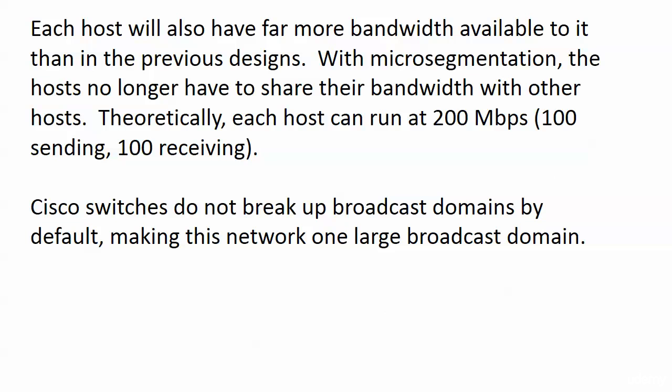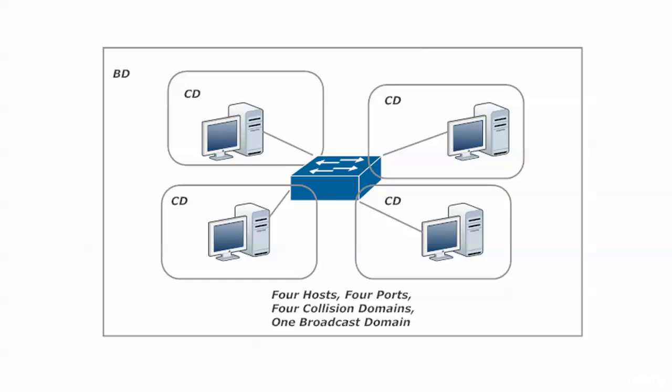The other benefit there is that the hosts no longer have to share their bandwidth with other hosts. So theoretically, each host can run at 200 meg, 100 sending, 100 receiving, because they can send and receive at the same time when they have their own switch port like that. Really cool stuff. But again, if this is the first time you've seen it, it may just blow you away. It's like, wait a minute, when am I going to start breaking up broadcast domains?